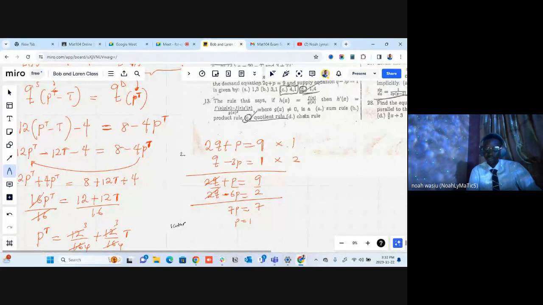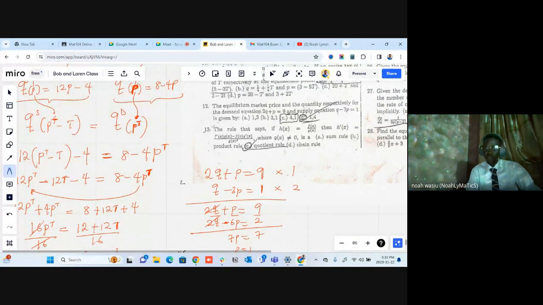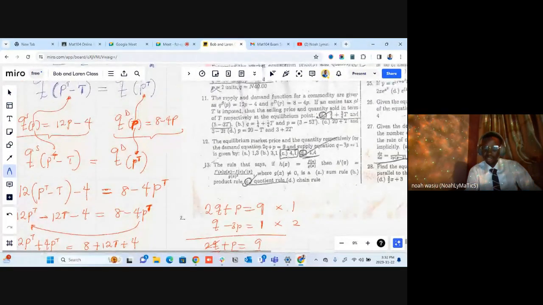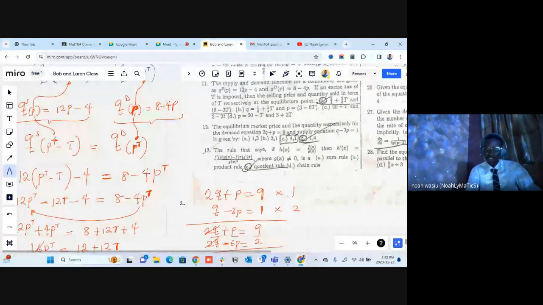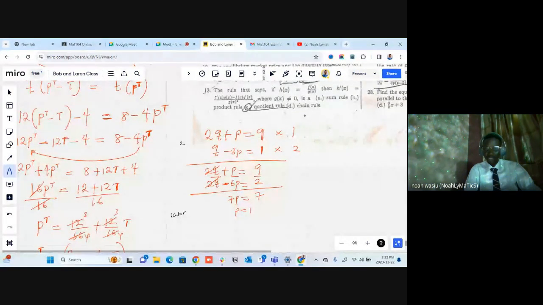So let's check the options. P equals 1. But take note of what they asked us to look for here. Find the equilibrium market price and quantity respectively. Price comes first. That means my price is 1.